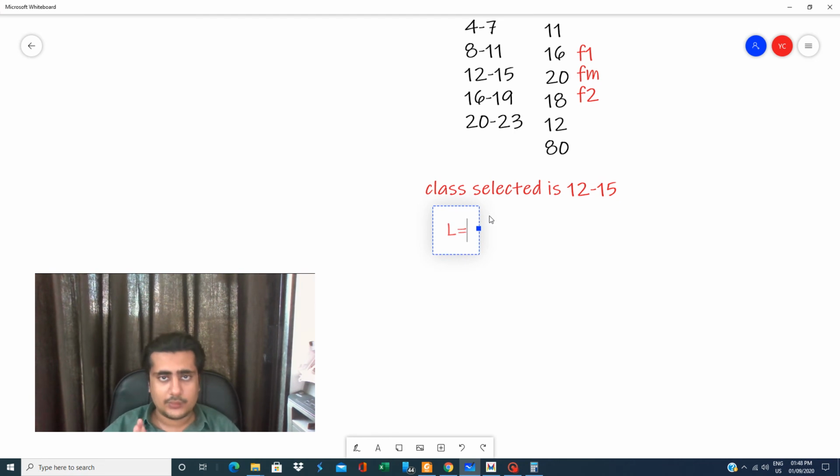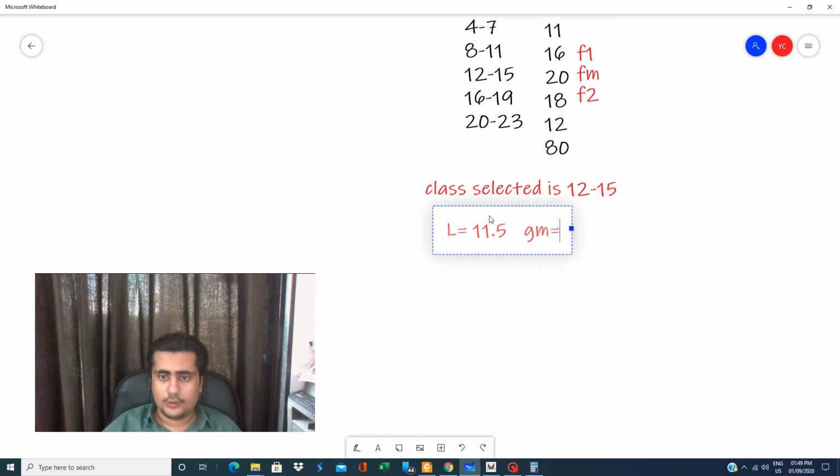Is it 12? No. These classes are inclusive classes. I told you once that if your class ends at 7 and starts at 8, it is known as an inclusive class. In this case, the lower boundary is not 12, it's the mid value of 12 and 11. So lower boundary is 11.5.